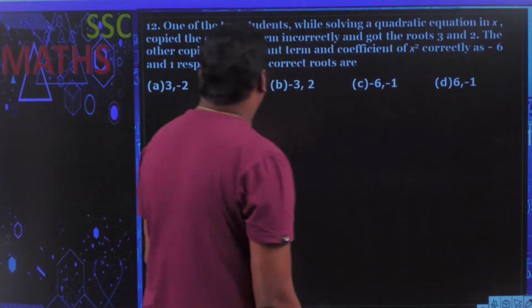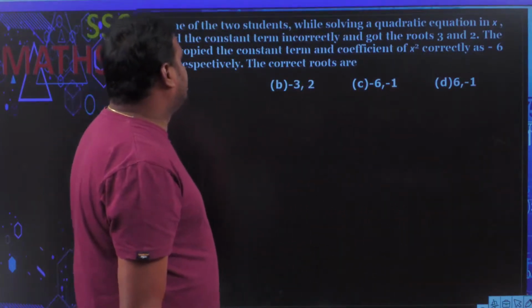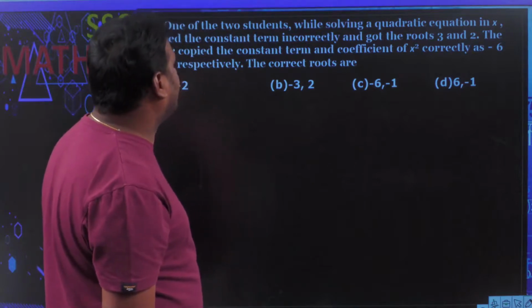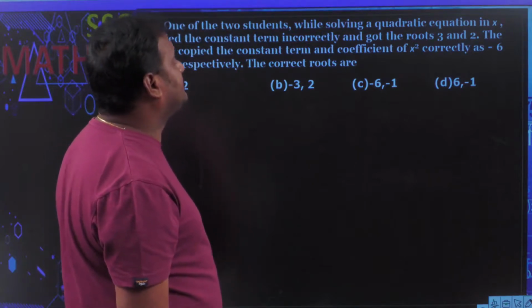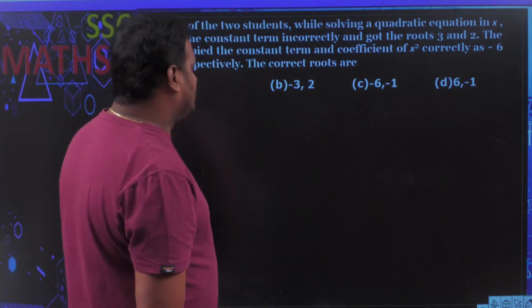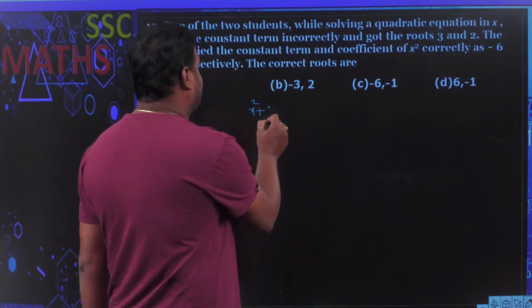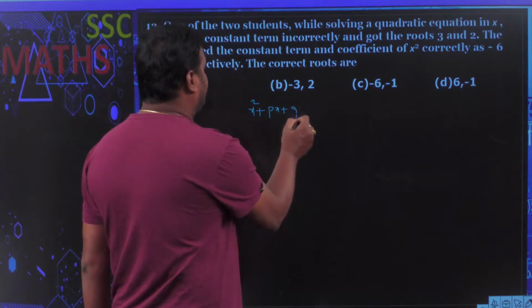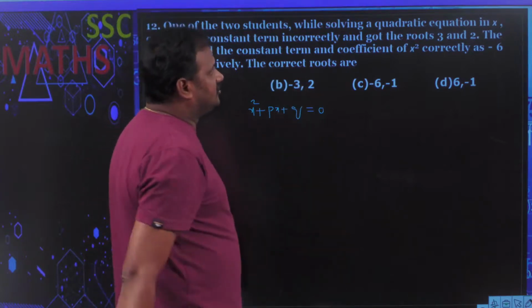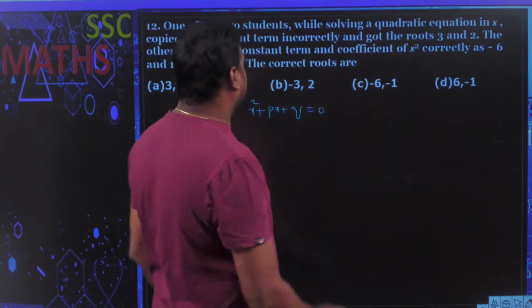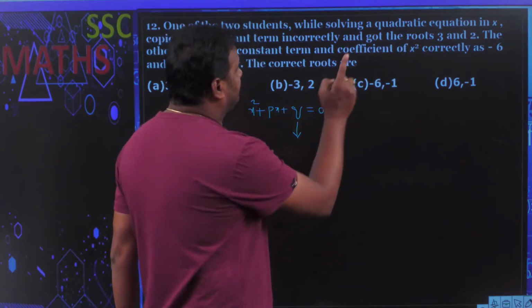So coming to the next one: one of the two students, while solving a quadratic equation in x, copied the constant term incorrectly and got the roots 3 and 2. So for example, the quadratic equation is x square plus px plus q is equal to 0. He copied the constant term incorrectly and got the roots 3, 2.